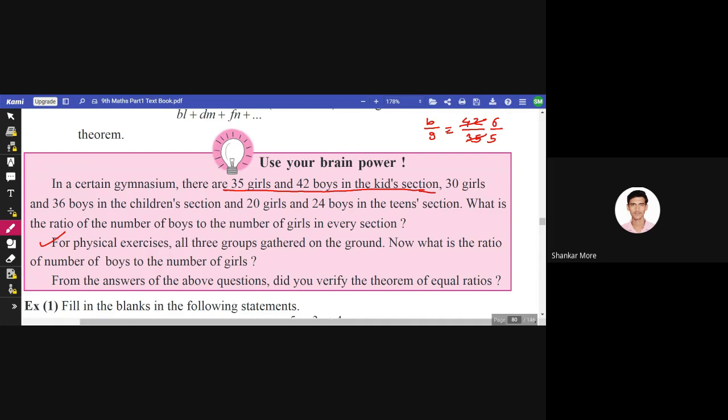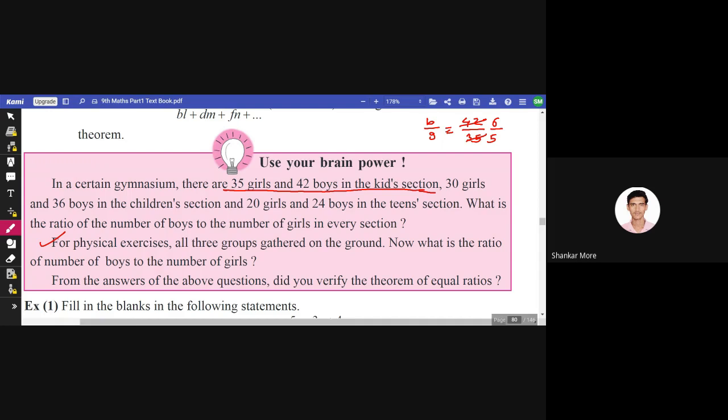Okay, now what is the total number of girls? 35 girls plus 30 girls, and then lastly we have 20 girls. 20 plus 30 is 50, 50 plus 35 is 85. So total number of boys is 102, and total number of girls is 85.